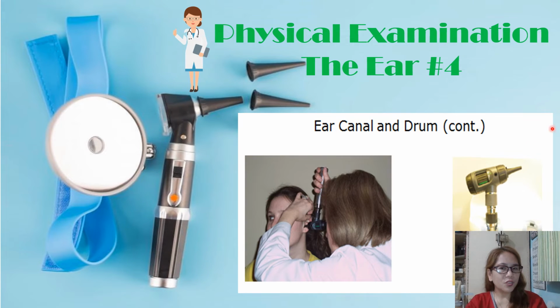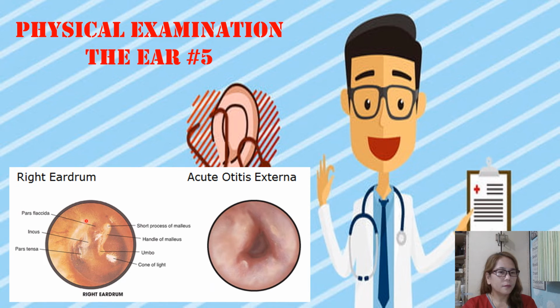So this is just another example or image of how to properly inspect the ear canal and drum using the otoscope. So this first image is of the right eardrum and its parts, and then this is another image of an abnormality.